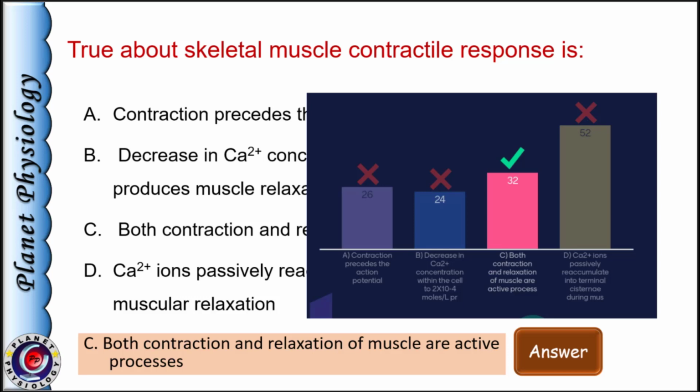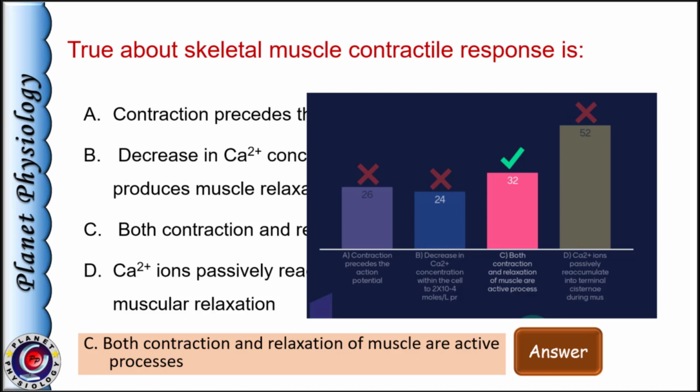For muscle relaxation, calcium concentration should be less than 10 power minus 7, while at the concentration of 2 into 10 power minus 4 muscle contracts. Hence, option B is also wrong. Once action potential is over, calcium is actively pumped back into the cisternae, which is a primary active transport process and not a passive reaccumulation, and hence the statement D is also wrong.